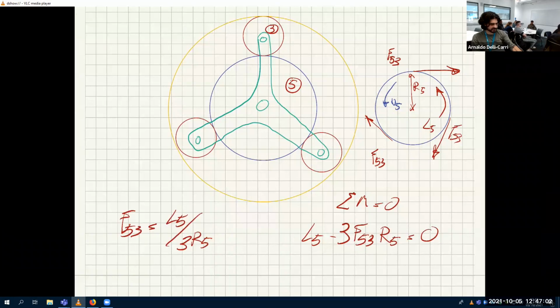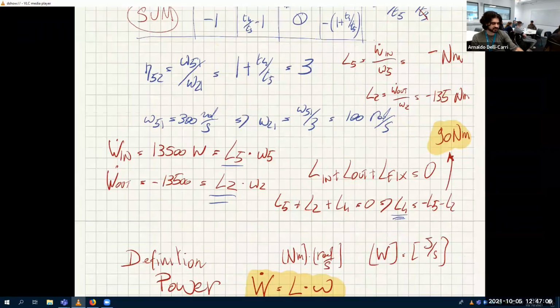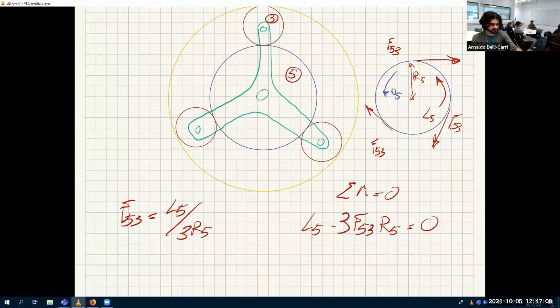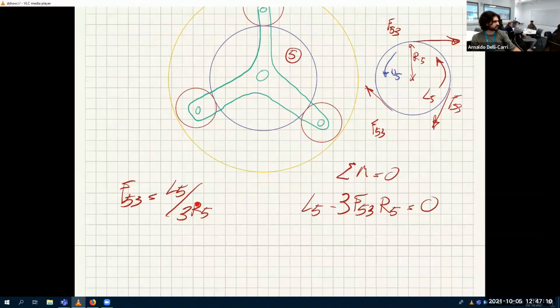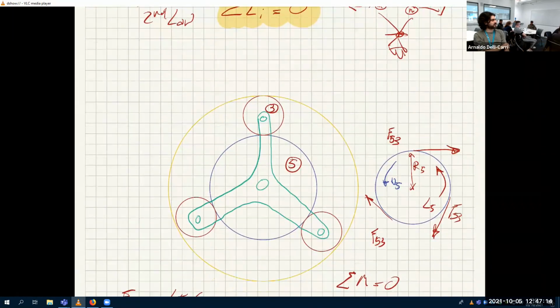L5 you found earlier. L5 is 45 Newton meters. R5 you can find only if you know the modulus, because you know that 5 has a certain number of teeth, but you don't know the radius of 5. Agreed?